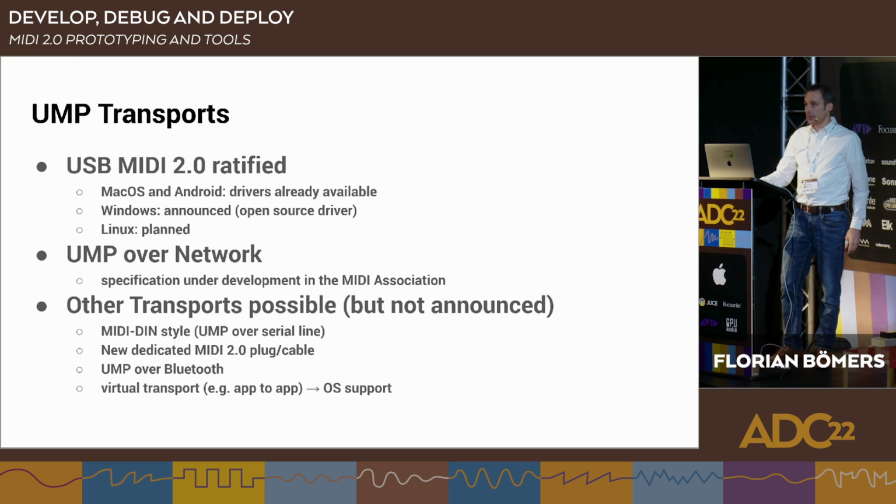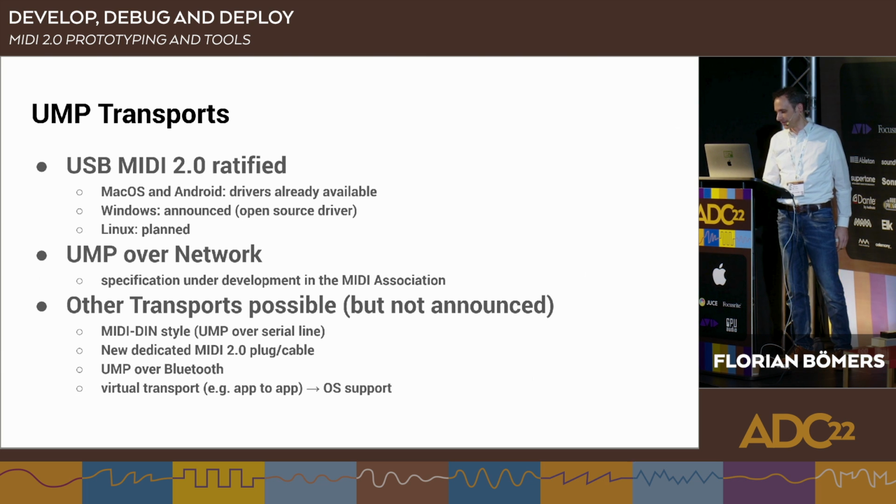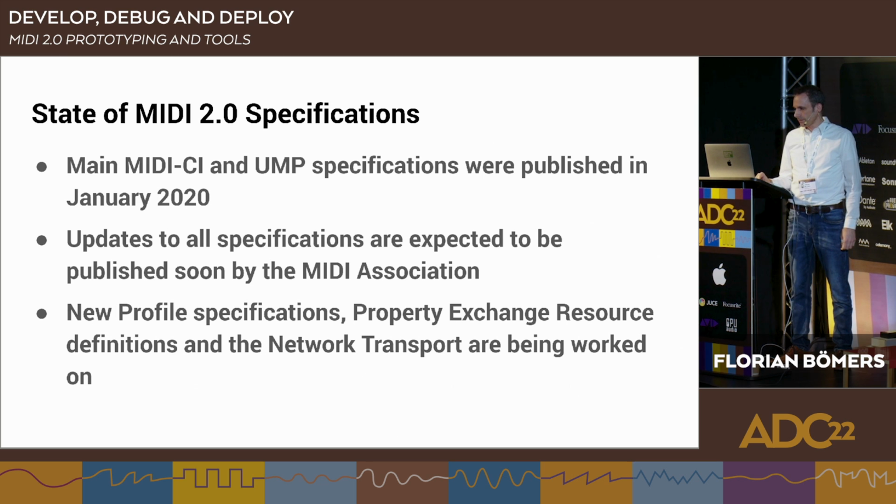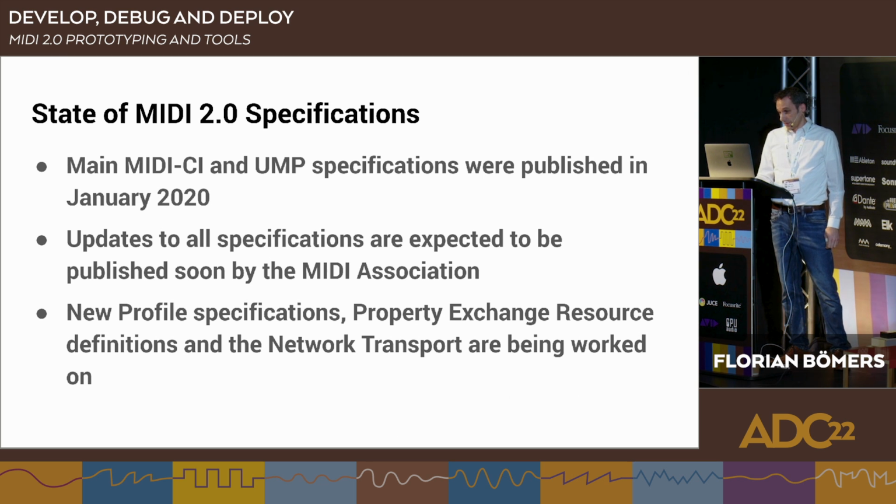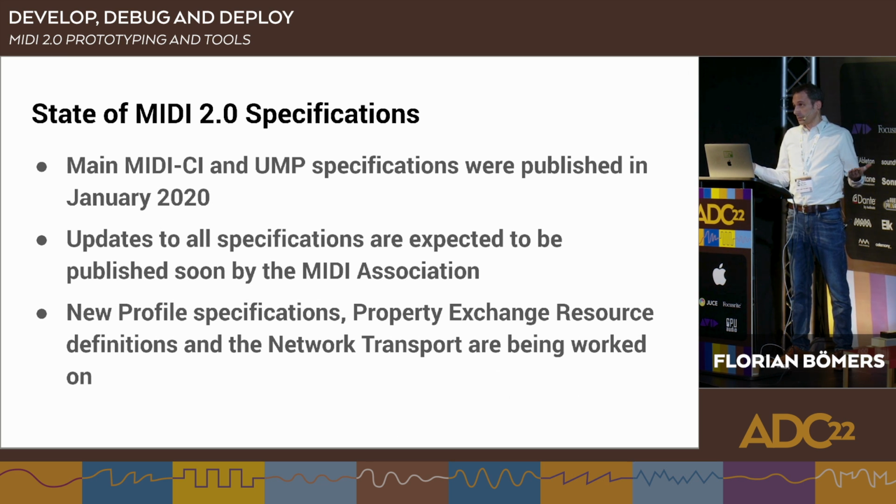So UMP over network is a standard that is currently being worked on in the MIDI Association and hopefully soon ratified, because that's a very useful transport, high bandwidth, and a lot of devices can then connect to each other. So yes, the specifications are out there. You can download them from the MIDI Association website, MIDI.org.